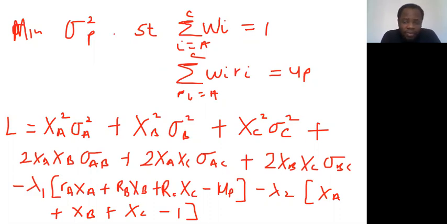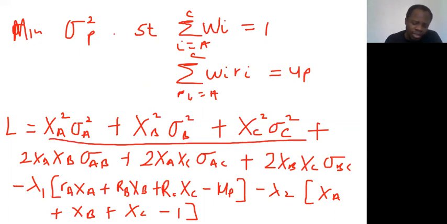So first of all, what we have to do is to set up our Lagrangian function, which is what I've done here. The Lagrangian function is just trying to write the portfolio variance, and you subject it on the two constraints. If you check these first terms, up to this point, it's the same as the portfolio variance.